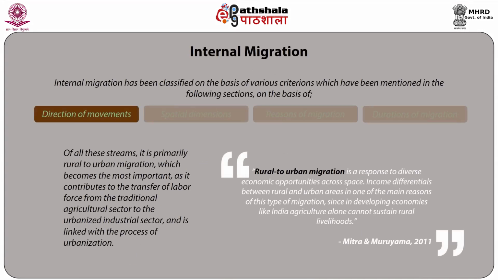Of all these streams, it is primarily rural to urban migration which becomes the most important, as it contributes to the transfer of labor force from the traditional agricultural sector to the urbanized industrial sector and is linked with the process of urbanization.